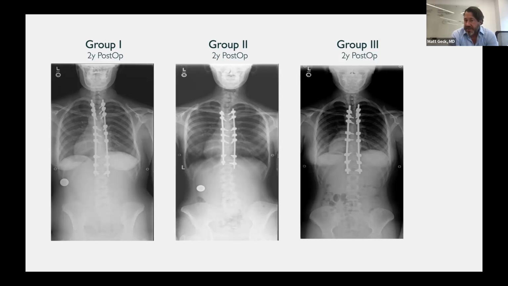That's the only patient I've seen. So you don't see a lot of distal junctional pathology in general unless you're going down to 3 or 4. I haven't noticed a difference because most Lenke 1s don't have a LIV of L3 or L4. It's usually T12, L1, or L2.